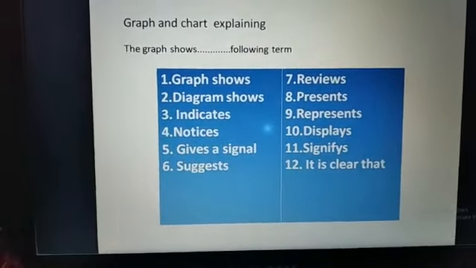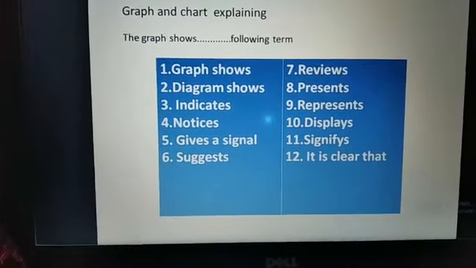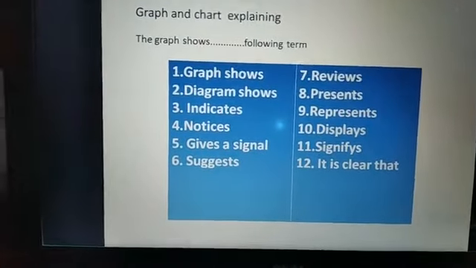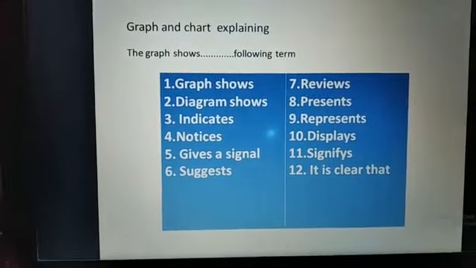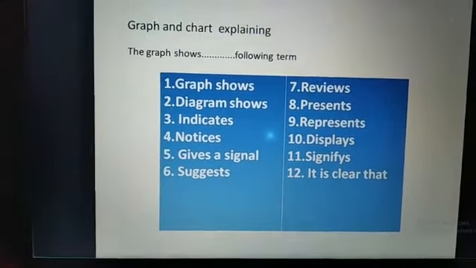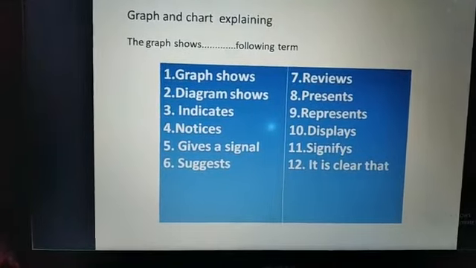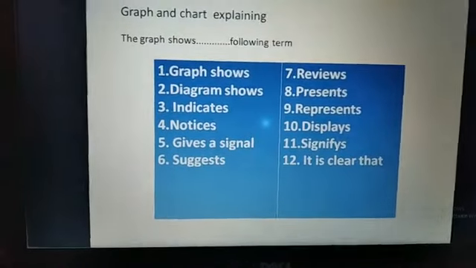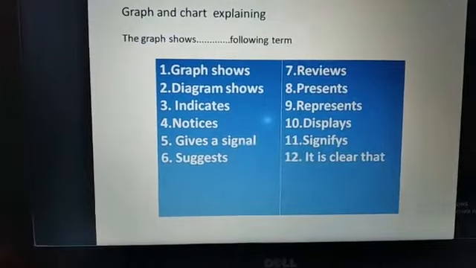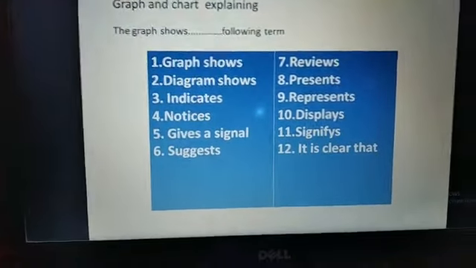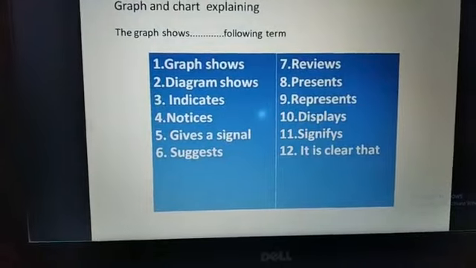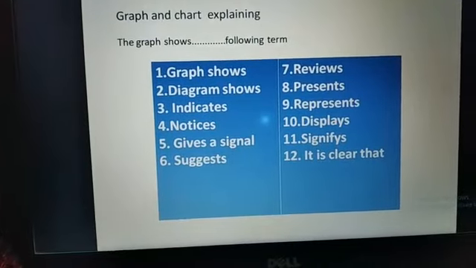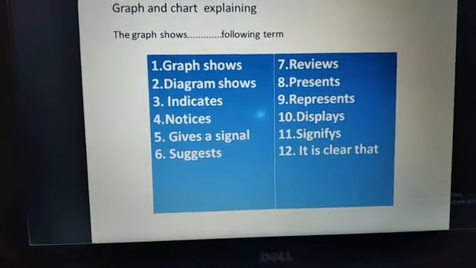That is why you have to use the diagram shows, the graph indicates, the chart notices, the graph gives a signal, suggests, reveals, presents, represents, displays, the chart signifies, or it is clear that. If you write in such a way, every sentence will be different, more effective, and it will help you to get marks.